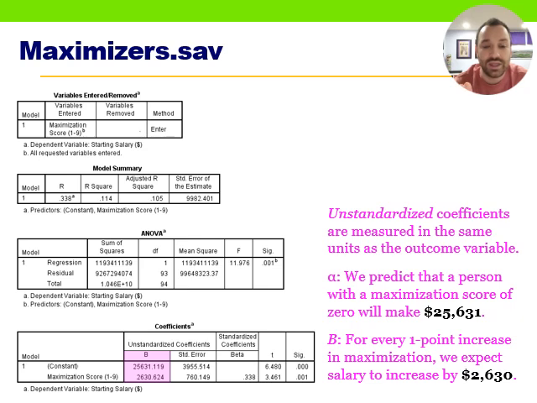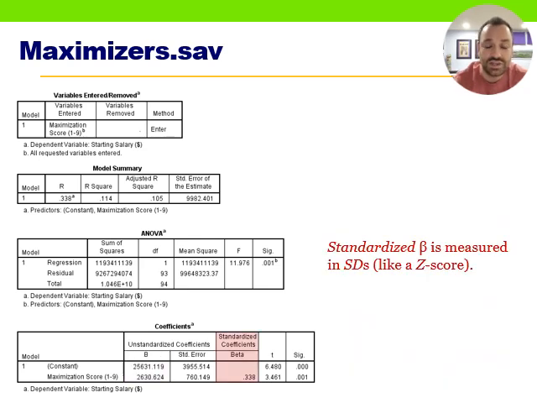Now, in contrast to these unstandardized coefficients, SPSS also gives us something called a standardized coefficient. Again, sorry to keep repeating myself, but this will become important when we get to multiple regression, and we'll see what we can do with that. But the cool thing about standardized coefficients is it gets rid of the unit of measurement. So this isn't measured in dollars anymore.